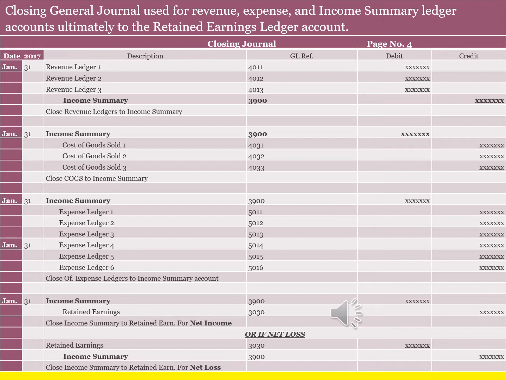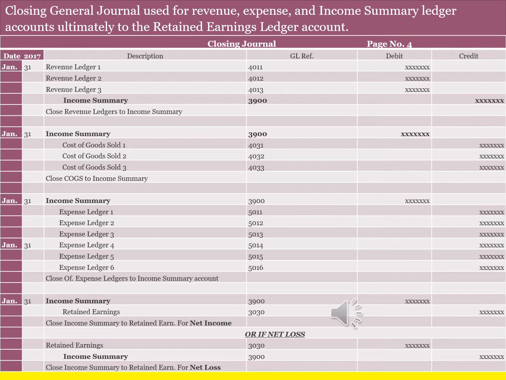If the total revenue amounts are larger than the total expense amounts that are closed to the income summary account, the income summary account will have a net credit balance or net income, which is then closed out to the retained earnings account by debiting the income summary account and crediting the retained earnings account with the balance.